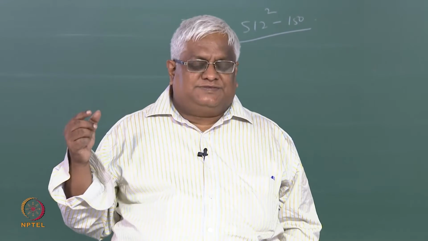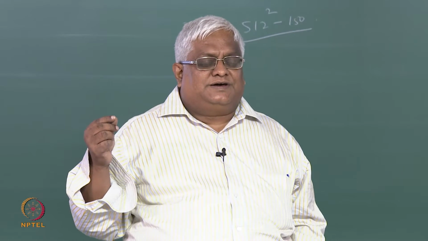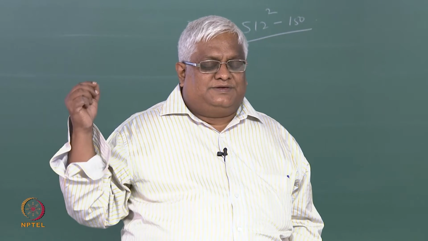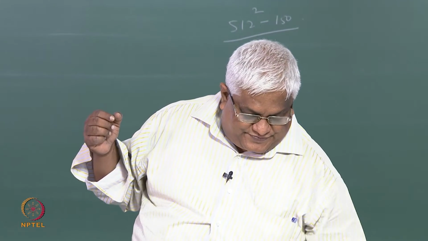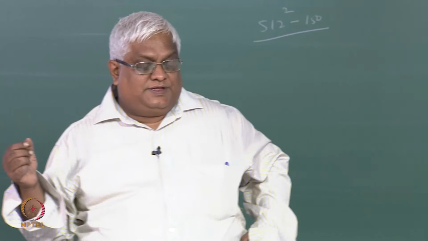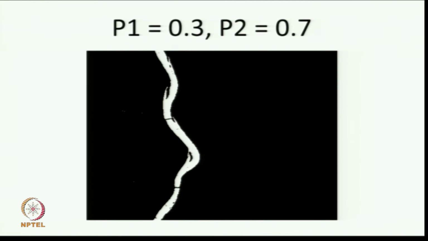In one case, for the river portion the prior probability is 0.3, and for the non-river portion the prior probability is 0.7.